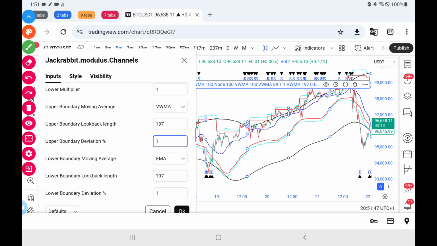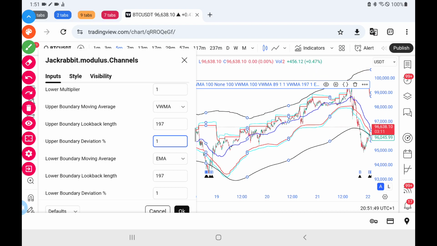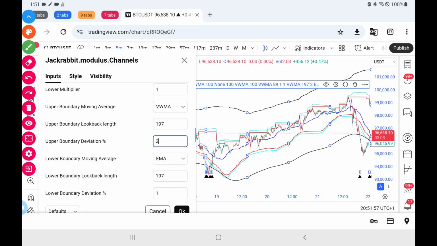So let's go to a 1% deviation. Let's go to a 2% deviation. Again, you can see how things play out with the volatility of the market as we increase the boundary of how we look at volatility in relation to the volume weighted moving average.